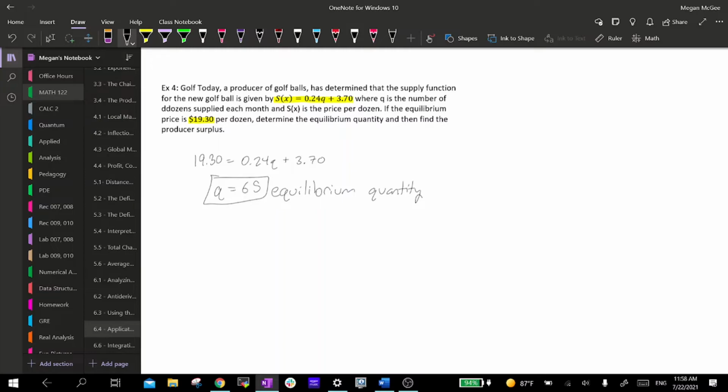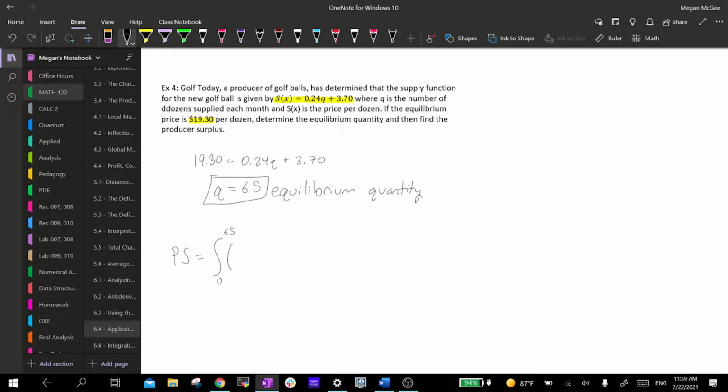And the next thing we're asked to find is the producer surplus. So our producer surplus, our bounds need to be for Q, so from 0 up to 65 of, in our producer surplus, our top function is our horizontal line.